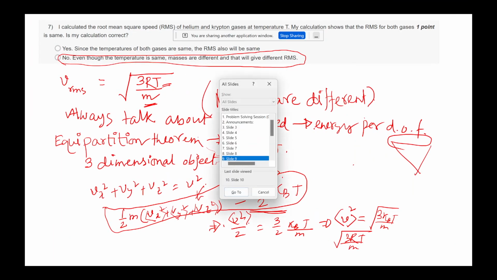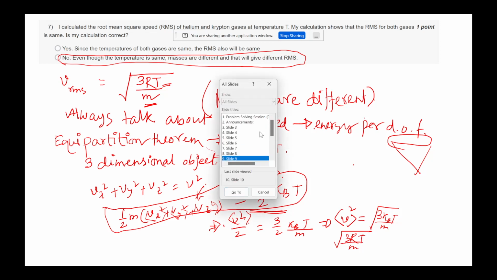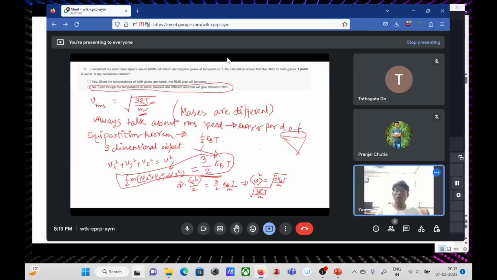All slides, Control S. Okay, I will do it later.